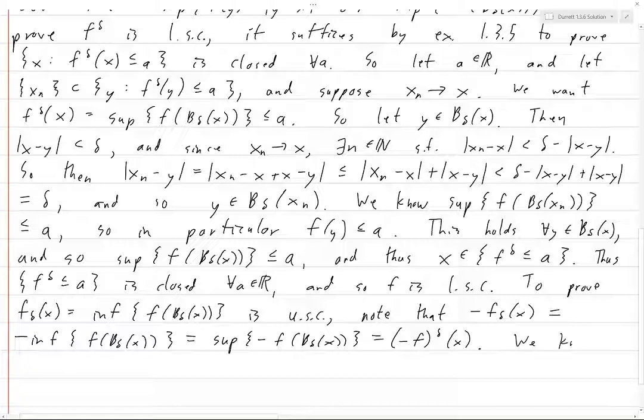Now we know, so what do we know about this? We know that f upper delta is a lower semi-continuous function for any f, and minus f is a function.